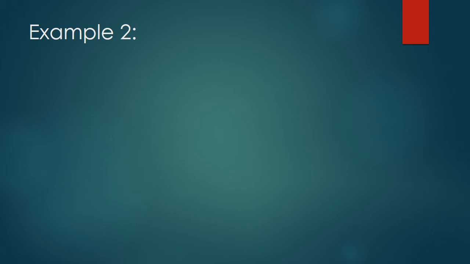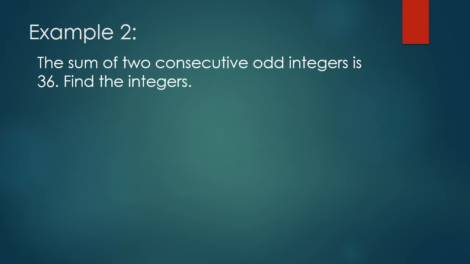Now let's take a look at our second example. We have this problem: the sum of two consecutive odd integers, this time, is 36. Find the integers. Again, the first step is to define the variables. I need two numbers in this case.